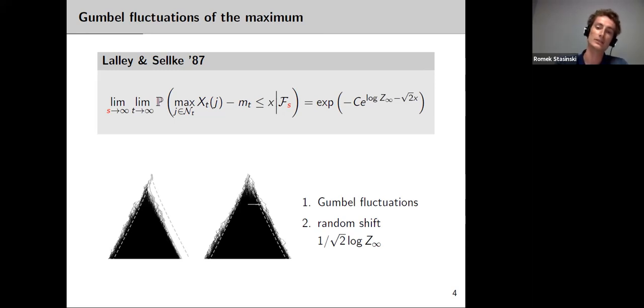And they found out that this relative movement with respect to m_t can be attributed to 2 factors. First of all, we're going to see fluctuations which are going to follow the Gumbel random variable, the distribution of the Gumbel random variable. And also we're going to see a random shift that is given by a logarithm of a limit of a process Z_t, commonly called the derivative martingale.